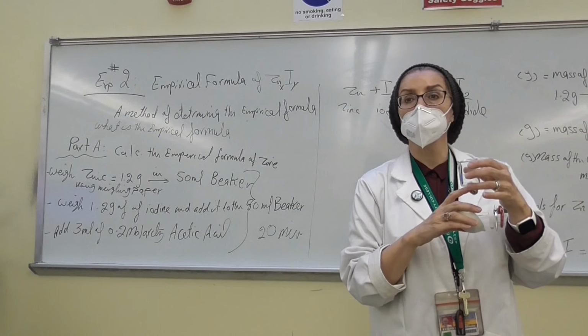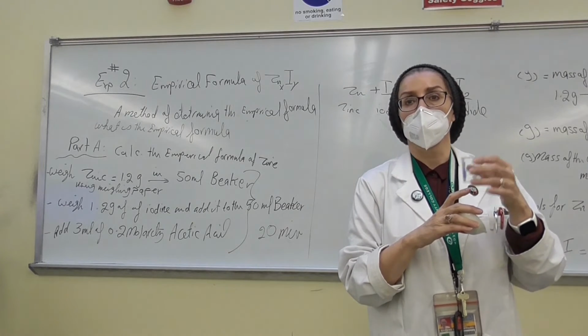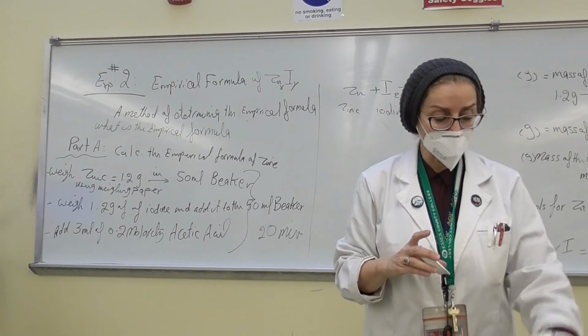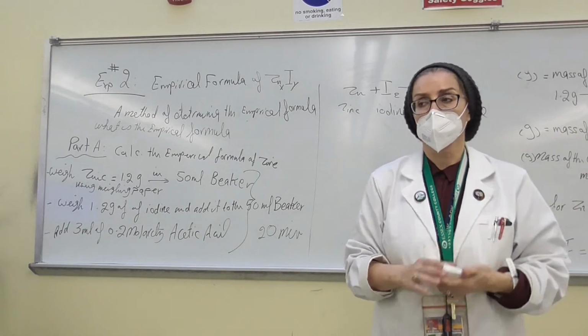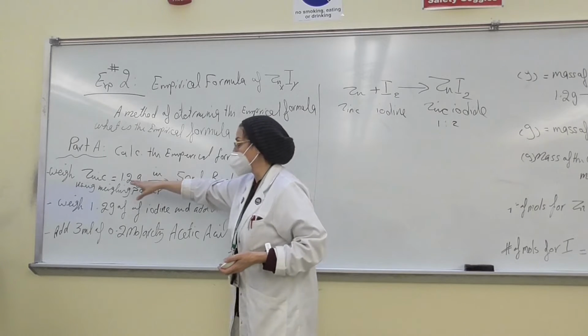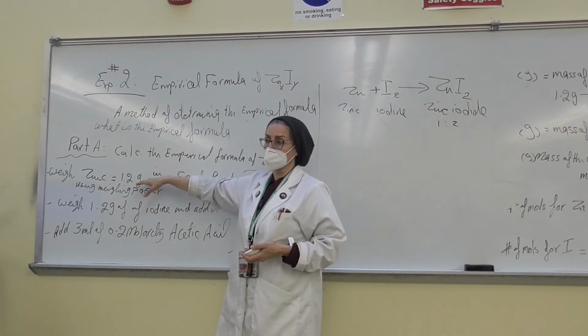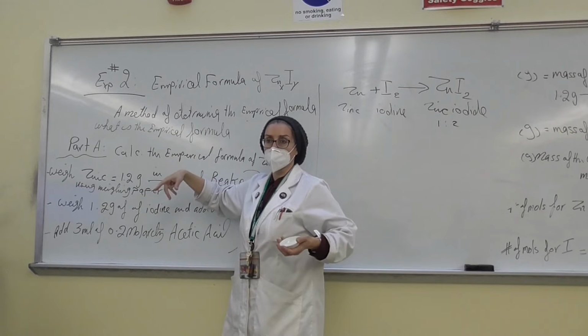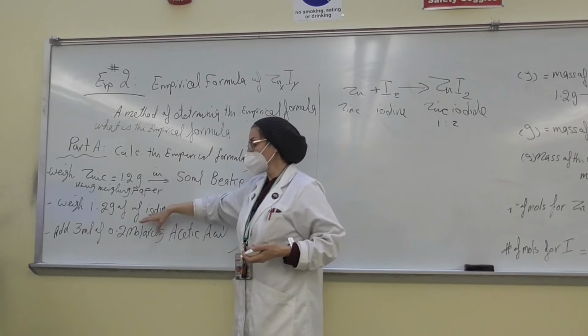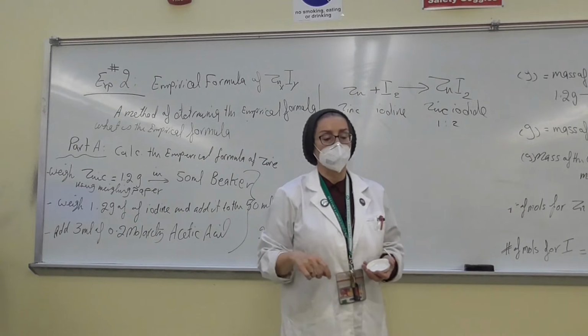We're going to have residual of the zinc here. The zinc, that color, that one. It's not going to react, all of it. Usually we add extra of the zinc. We call it excess reagent. Have you heard about this in the calculation? Excess reagent, and the iodine is the limiting reagent.